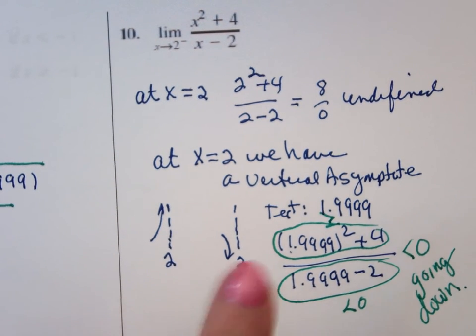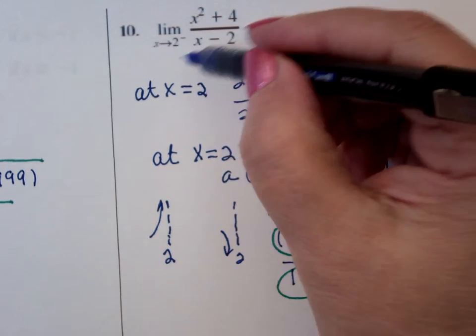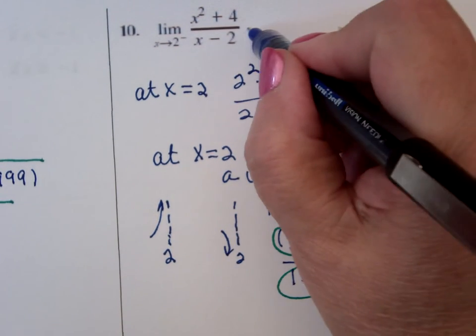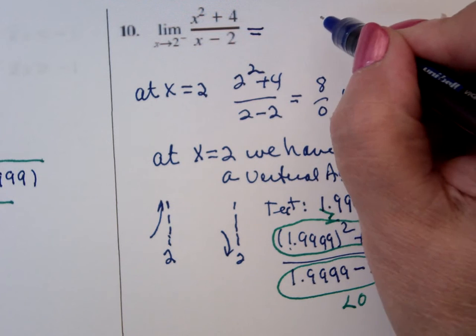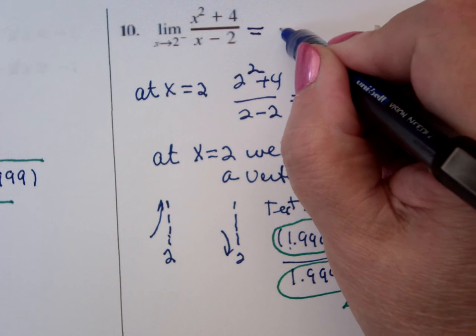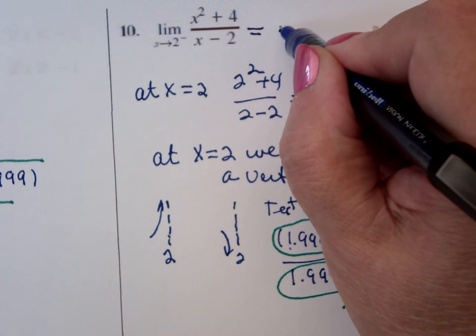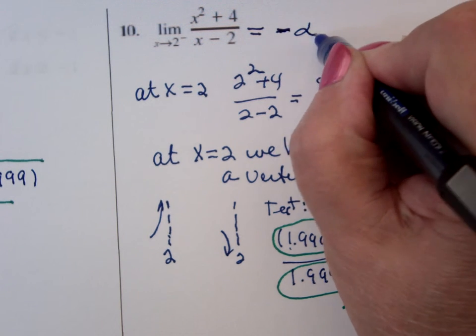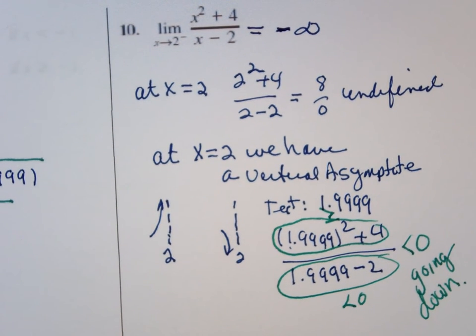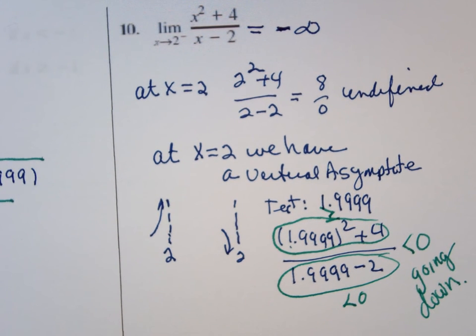Numerator is always positive. So I could say that the limit as x approaches -2 of this guy is, if he's going down, negative infinity. When you're dealing with vertical asymptotes, you're either dealing with positive infinity or negative infinity. It's negative infinity.